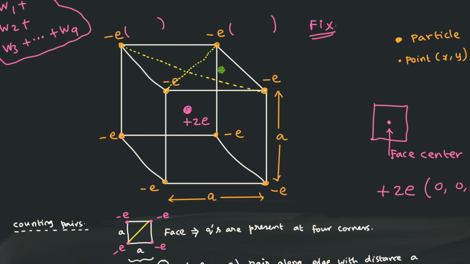Okay, that is clear. If you join them, what is happening? There is one charge in this corner, that is this one, and there will be another charge at the other corner here. And this is not the only option. You can also consider this charge, come all the way like this, and then come to this charge, this one. If you join these two, that is also known as a body diagonal.